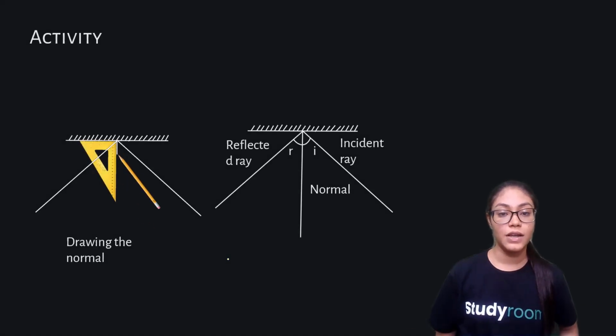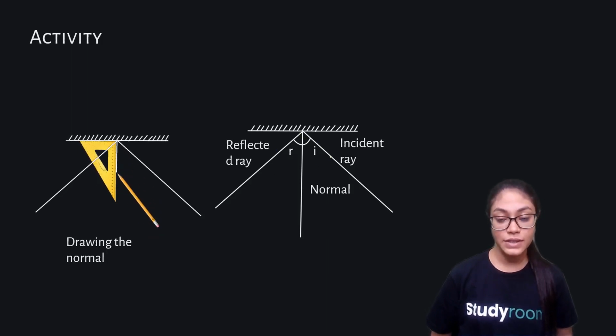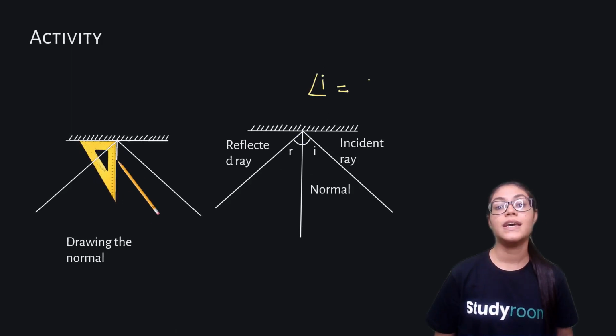You can see this diagram, right? So, here we see that this is the incident ray and this is the reflected ray. So, the angle of incidence and the angle of reflection with respect to the normal are equal. You will observe this. Angle of incidence is equal to the angle of reflection.